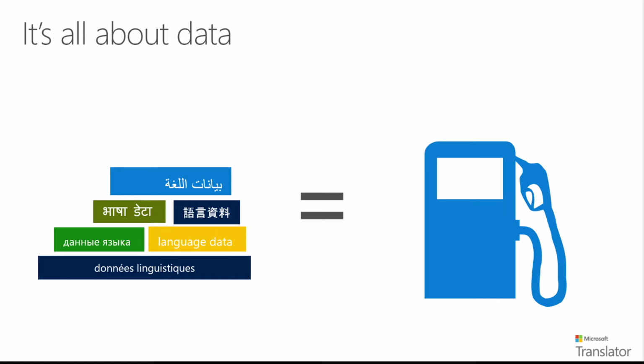Parallel data means same document in two languages. So Microsoft builds a generic translation system from a large amount of training material, and you can customize on top of that with your own training material. We'll talk about that a little bit later.